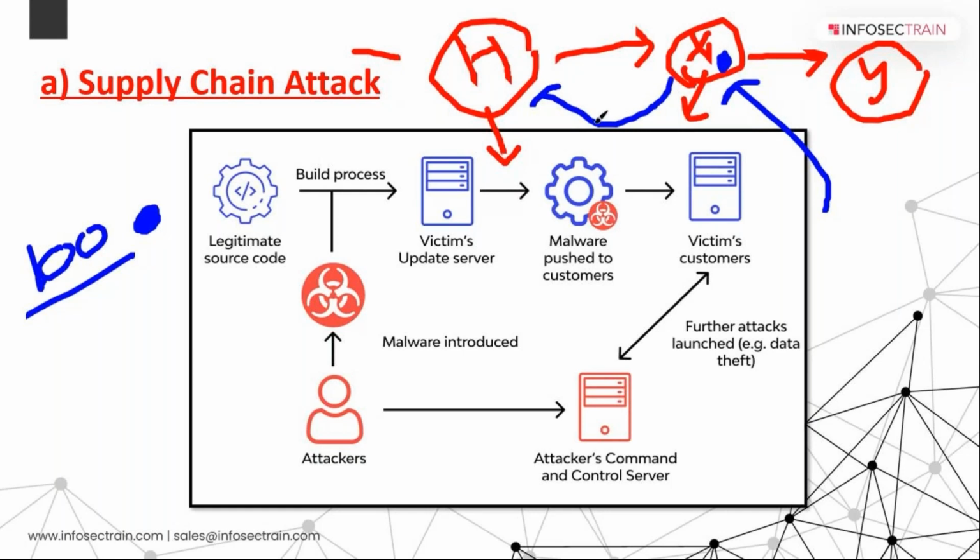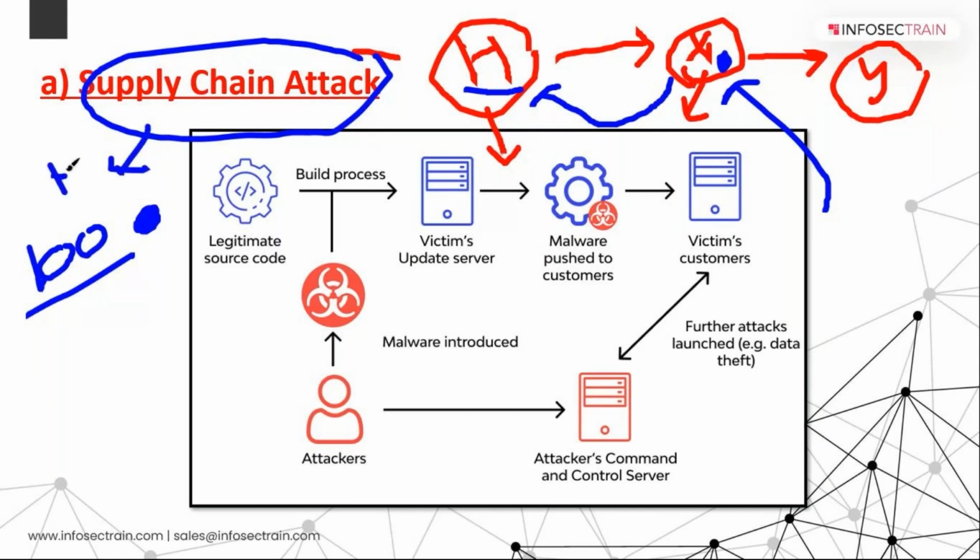Those motherboards would be shipped to this particular H, and H assembles them. So a supply chain attack happens in the hardware part. It's not about the software, but mostly the hardware we talk about. It attacks the supply chain, not one individual but multiple people who are connected to each other and rely upon each other. That's what we call a supply chain attack.